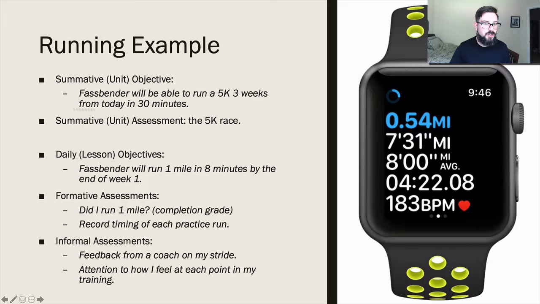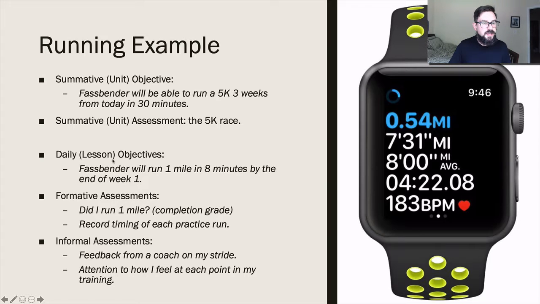As we look over here, for daily lesson objectives, Fassbender will run 1 mile in 8 minutes by the end of week 1. That's more of a week-long objective rather than a daily one, but you can see this is a smaller chunk that breaks down your unit level objective.